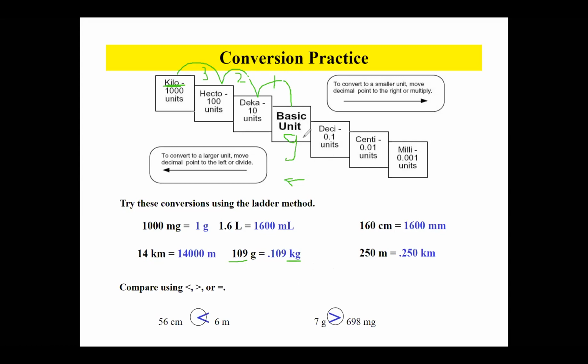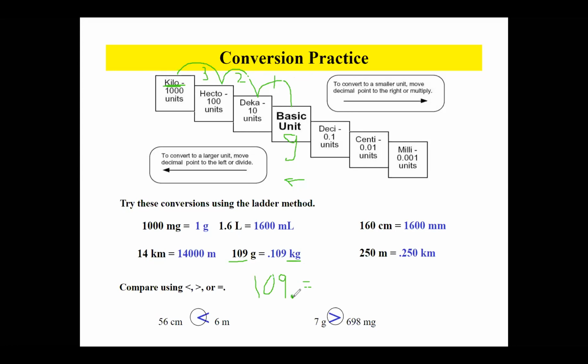So to convert from grams to kilograms, we move our decimal point 3 spaces to the left. We have 109 grams, and if it's just a whole round number like that, the decimal point is at the very end of it.